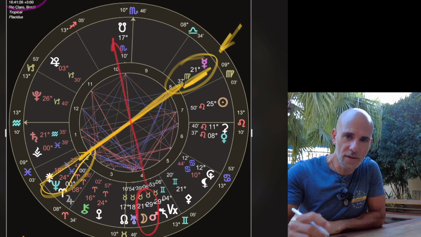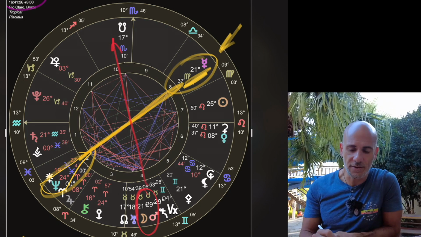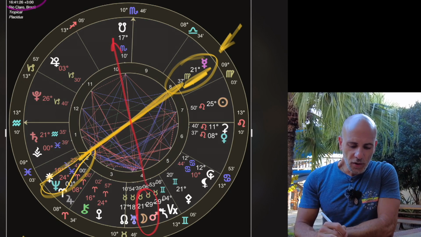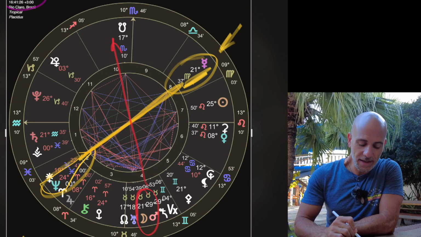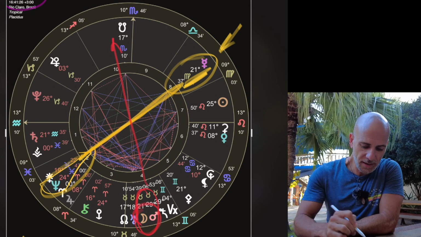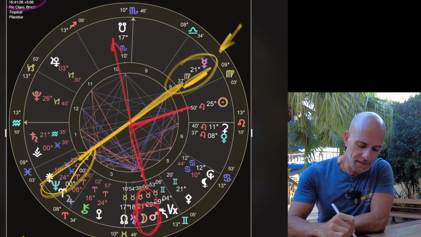So Mars is always very strong in Scorpio and very weak in the opposite of it, in Taurus. So we are seeing that the moon is about to meet with Mars and is about to square the sun.